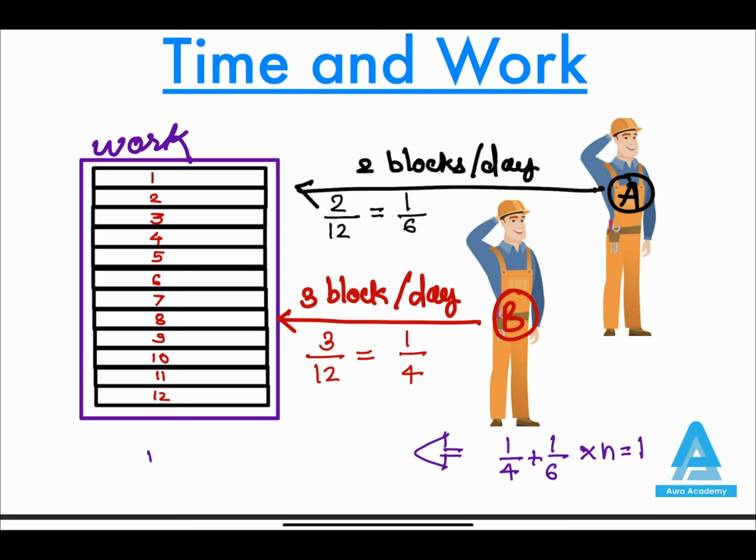Solving this equation gives n equal to the reciprocal of this, because it is going to get cross multiplied. So 24 by 10, which is 2.4. So in 2.4 days this work is going to get completed.